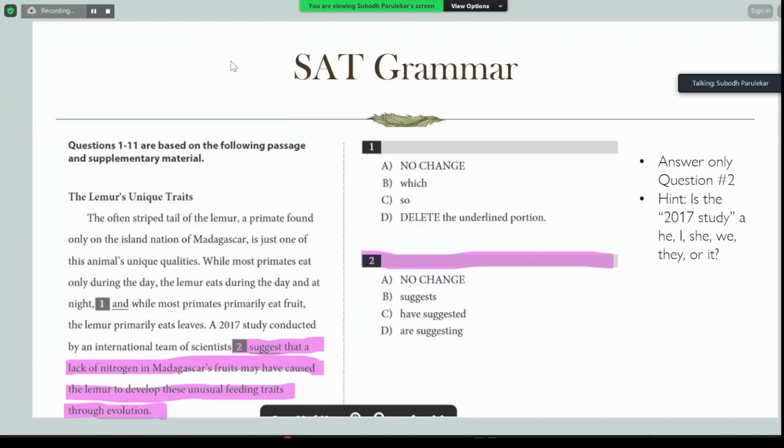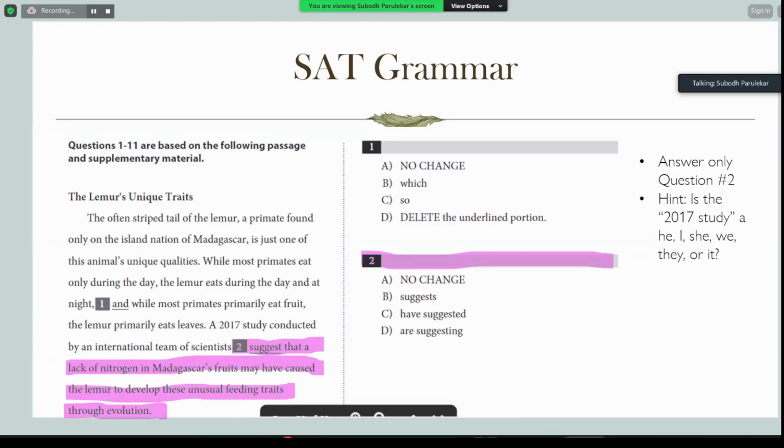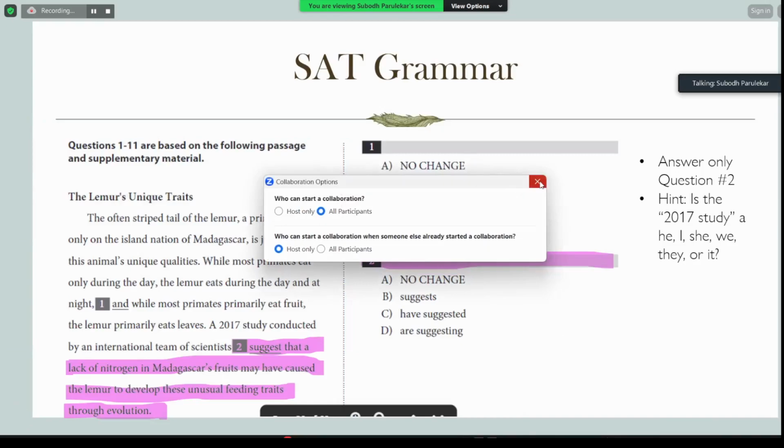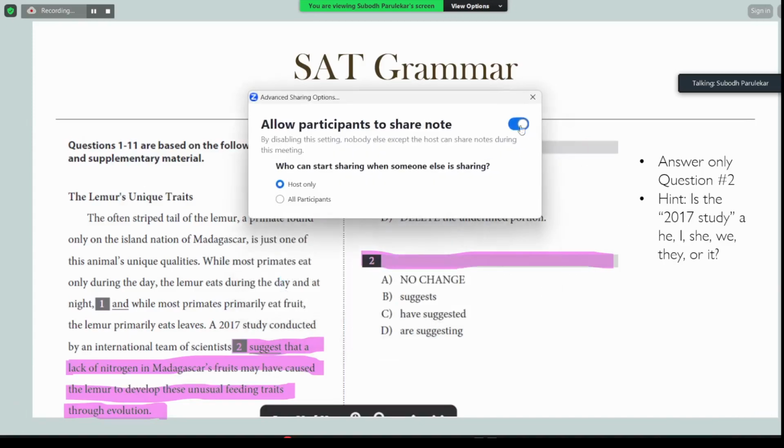So let's go back to what we learned today. Right now we have a study. If we break down the sentence, we have a study suggest that, and we just want to know if that is right or wrong, or what we need to change it to.